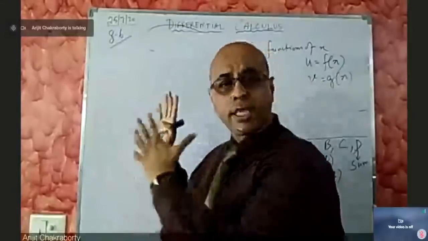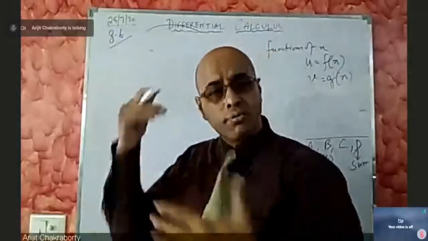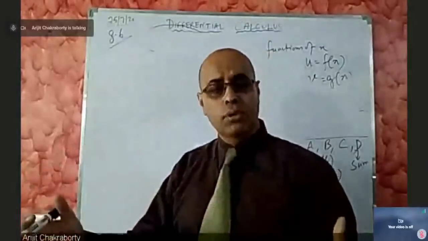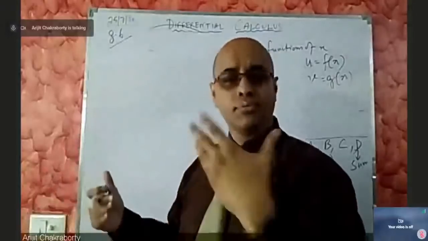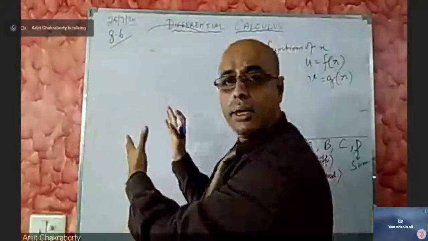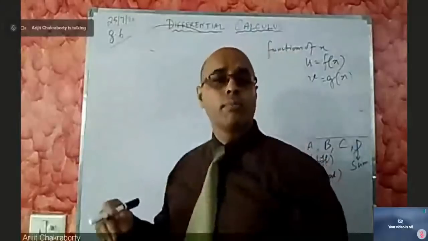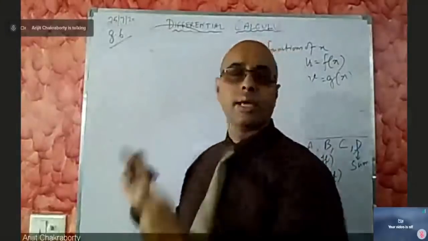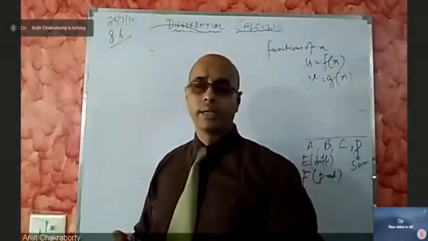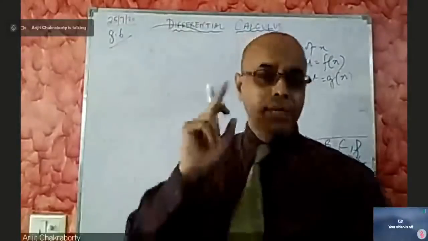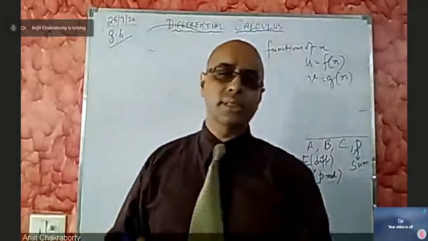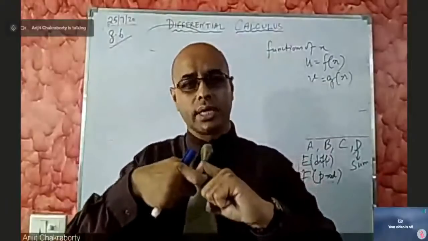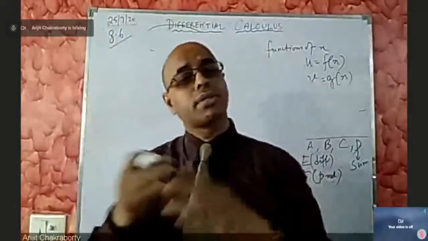I try to do as many problems as possible, often stretching the class beyond 4, sometimes going till 5, only for you. The idea is to do as many problems as possible because it is not like other papers. In accounts or other subjects, the chapters are related, but here all the chapters are different.